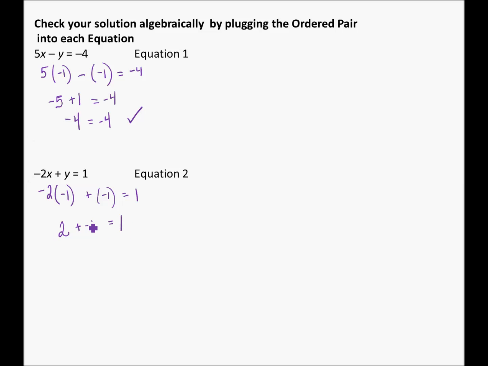Well, I can also say 2 plus -1 is the same thing as 2 minus 1 equals 1. And 2 minus 1 is 1, and 1 equals 1. Both of them satisfied. I can say I have a true statement. And since I have a true statement, I can say the solution to my linear system is -1, -1.